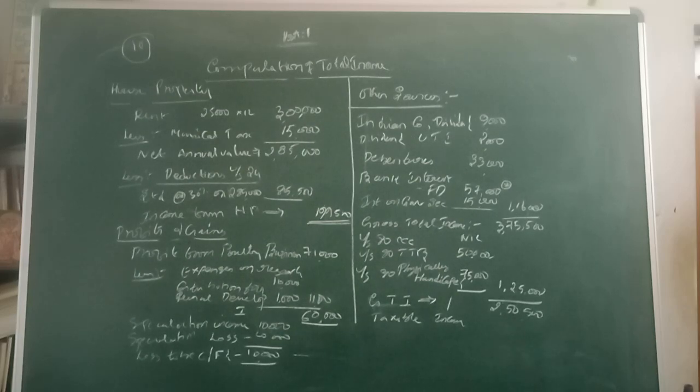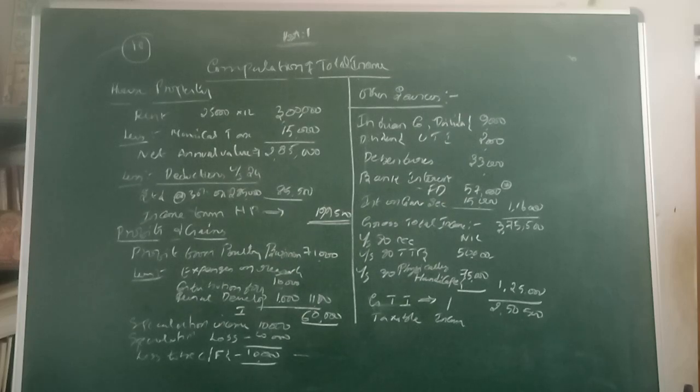So in case of a physically handicapped assessee with a disability of 40%, he is eligible to claim deduction under 80U. He is eligible to claim 75,000 as the deduction. It is not the amount specified in the question; it is an ad hoc amount of 75,000 you can claim.